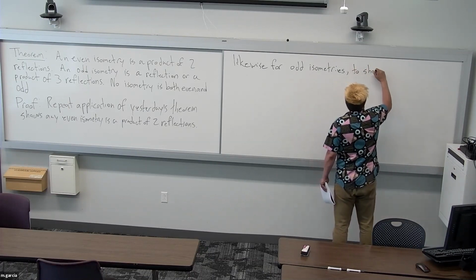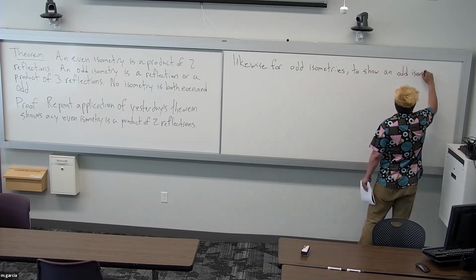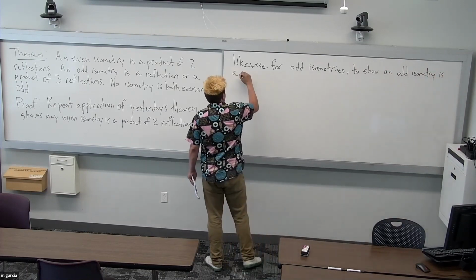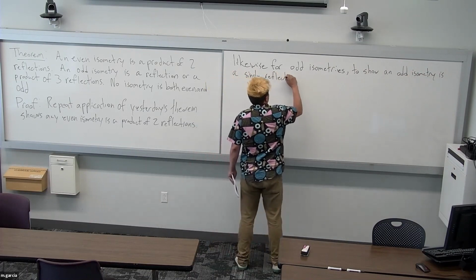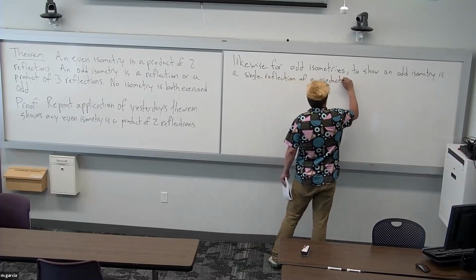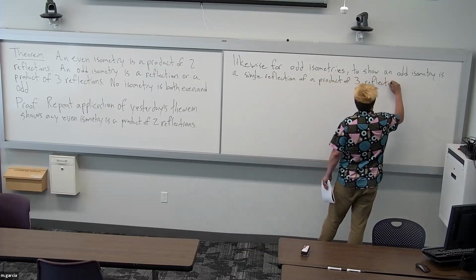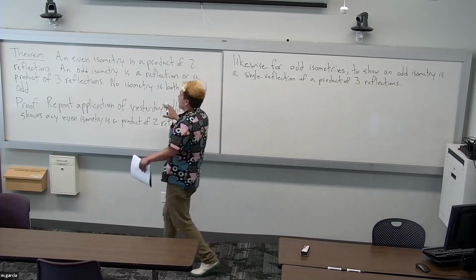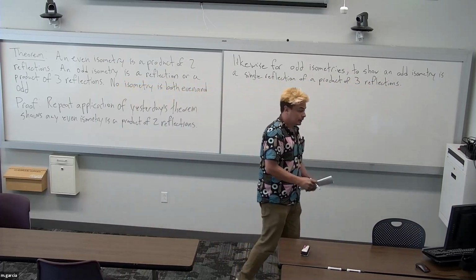To show an odd isometry is a single reflection or a product of 3 reflections. Okay, so straightforward. So straightforward that I'm actually not giving you the full formal argument, the induction.